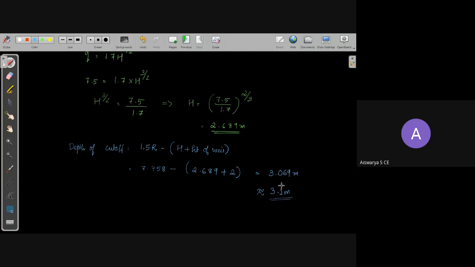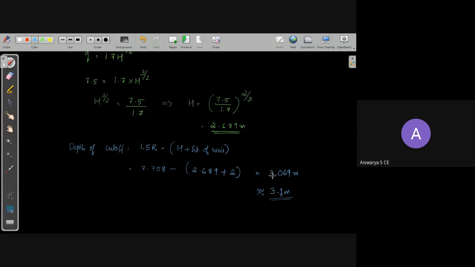Maximum, you reduce that decimal value up to the first decimal place. But when you design the length of the weir, we will see it later: for length of weir, round it off to the nearest whole number. Length of weir is a somewhat larger value, so you need to round it off to a whole number. So when you get a value like 3.069 meter, round it off to 3.1 meter.